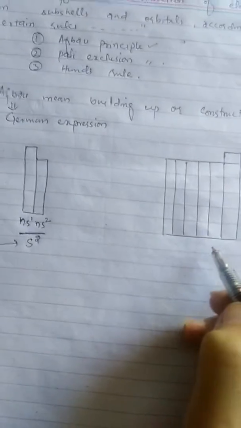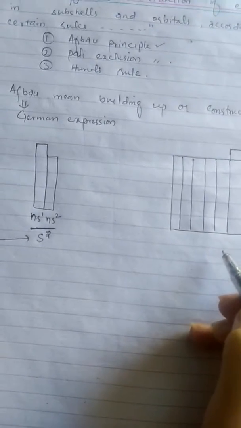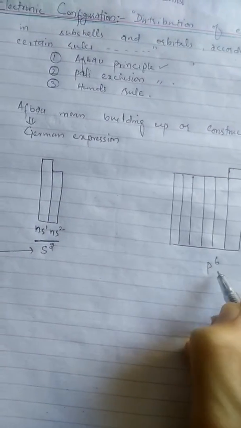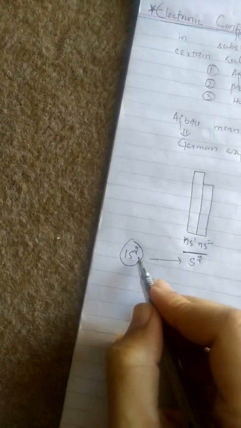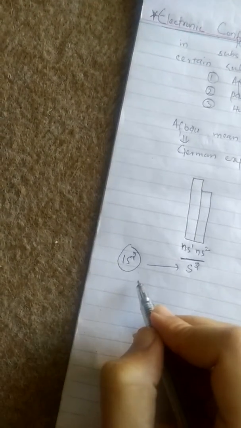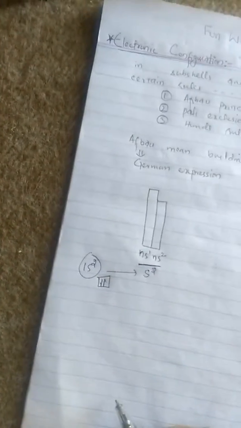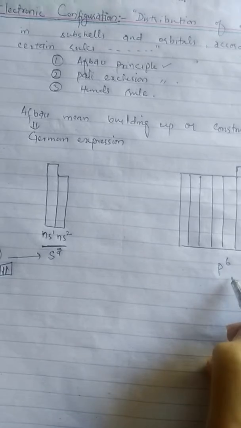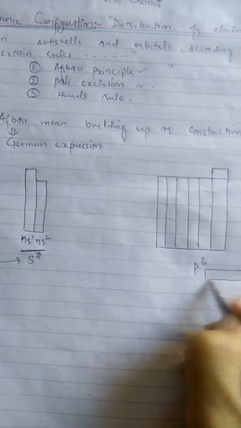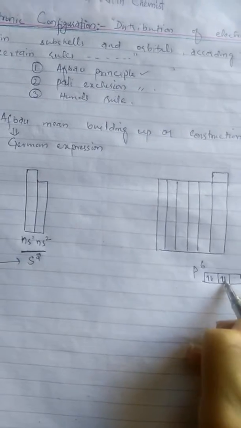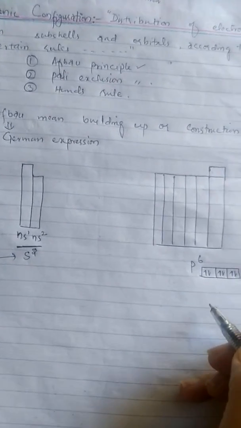And this P orbital can accommodate a maximum of 6 electrons, because the S subshell is composed of only 1 orbital, and 1 orbital can only accommodate 2 electrons. The P subshell is composed of 3 orbitals, and each orbital accommodates only 2 electrons, so the total electrons here are 6.